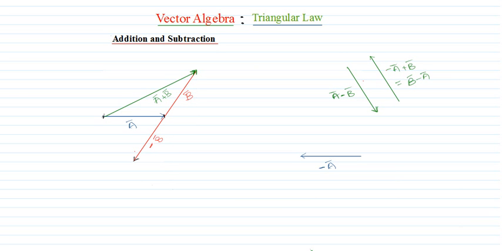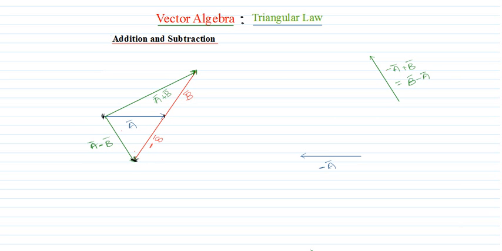So this is my minus b vector. Now to get vector a minus vector b, we will join a line from tail of vector a to the tip of vector minus b. This is the tip of vector minus b, and this is the tail of vector a. So we will join that line to get vector a minus b. See here, this gives us vector a minus vector b.